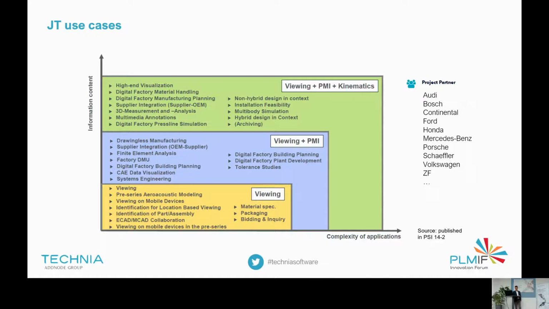The second level includes also PMIs for drawingless manufacturing, FEA, DMU, or factory planning. And finally, the third level includes more information like kinematics that are used in simulation, but also supplier collaboration and high-end visualization.